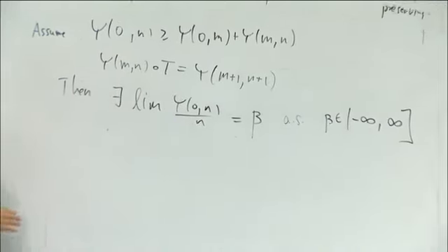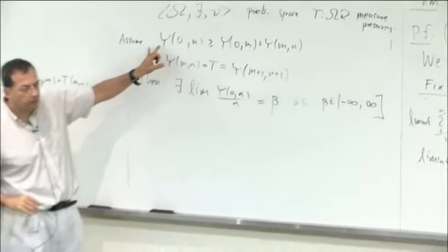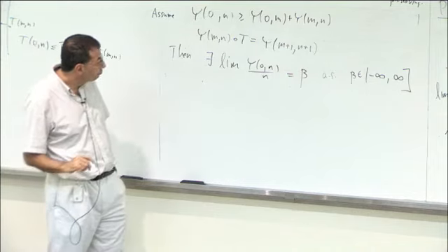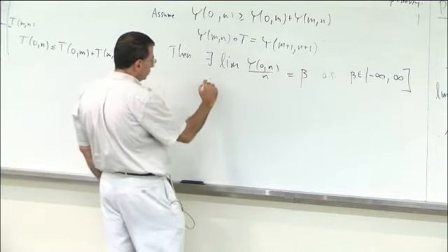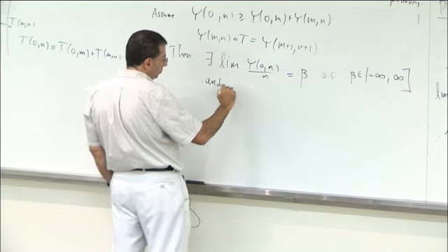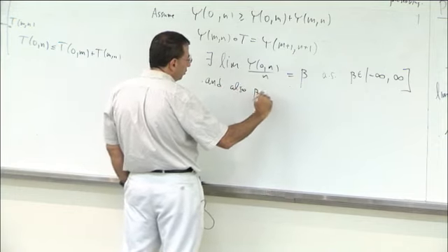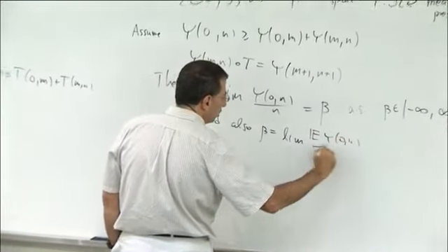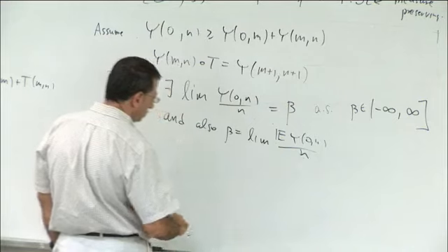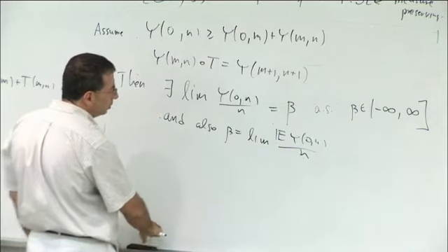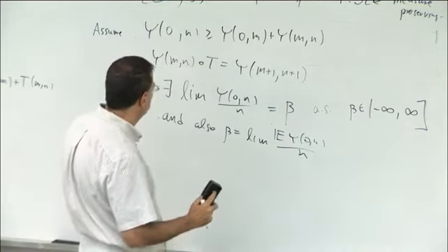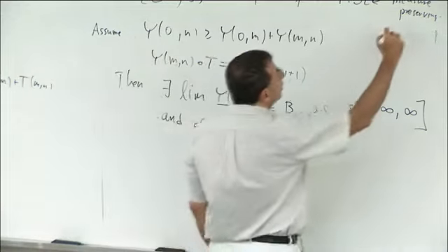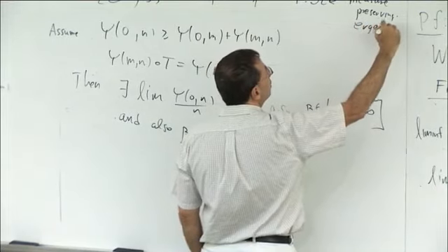The numbers Y are finite, but I didn't assume integrability here, so certainly averages could go to infinity. And also beta is also the limit of the expectations. So it's ergodic.